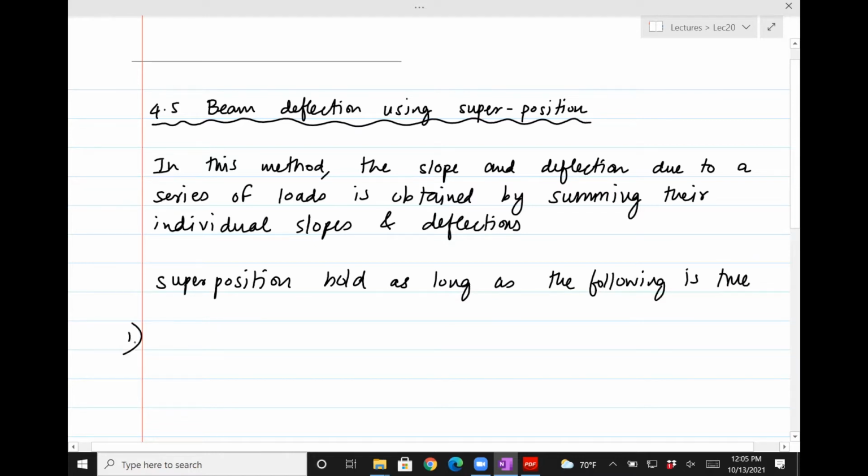One, the deflection, or rather distortion, is in the elastic region.